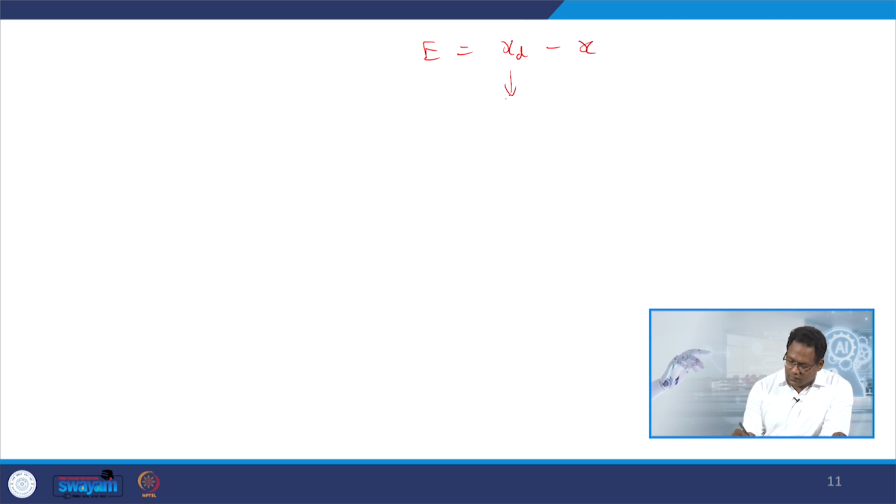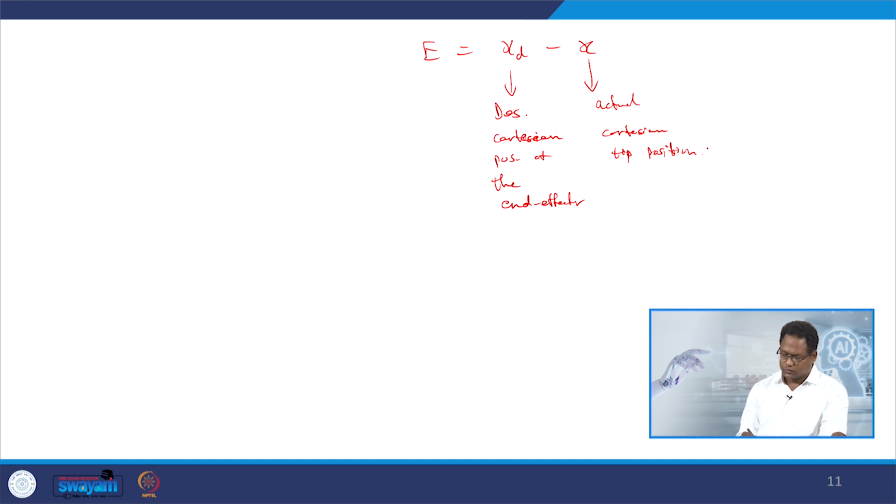That means x d is the desired Cartesian position of the end effector, and x is the actual Cartesian tip position of the robot. Similarly, e dot becomes x d dot minus x dot.